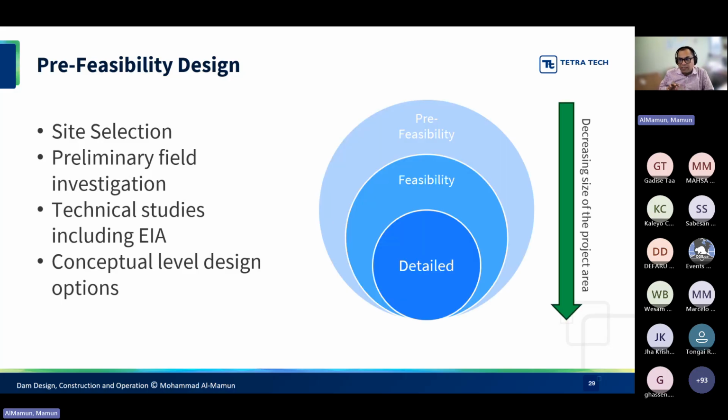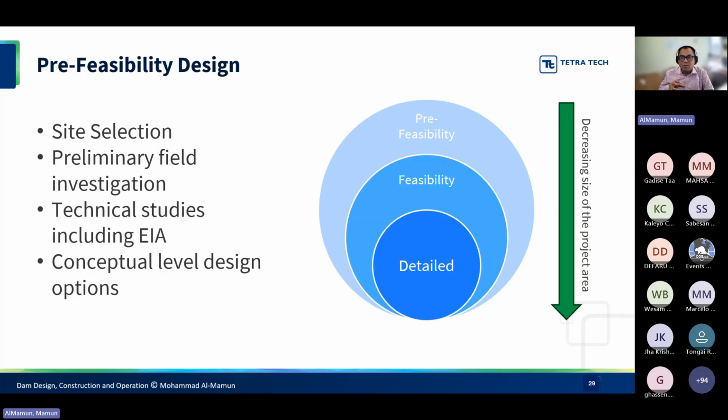So it's almost like, in pre-feasibility, you start with a very big land area, and then you study that area before you move into the feasibility stage where you start to narrow down. Let's say it's a flood control project, right? There could be more things than just building a dam.